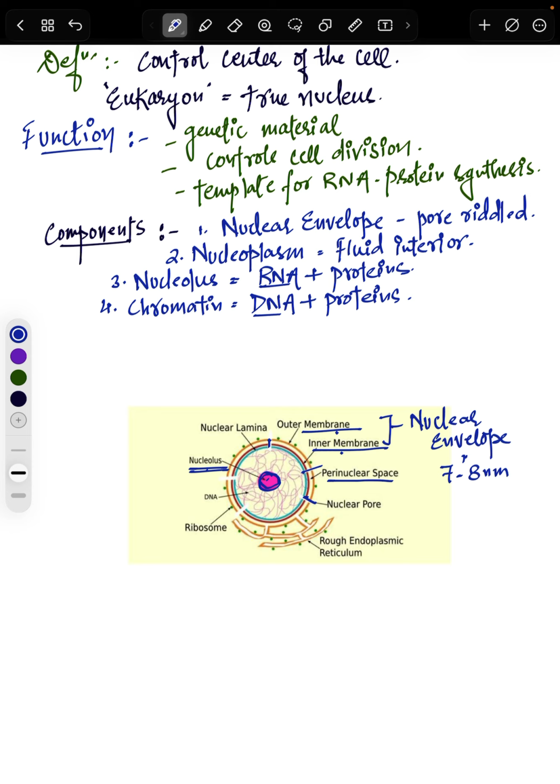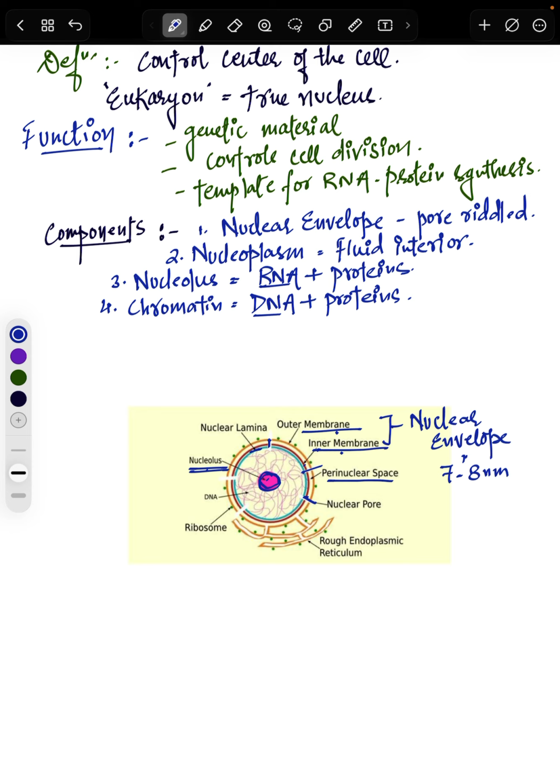Next, the inner membrane is lined with a fiber network, meaning the nuclear lamina. Here it is the inner membrane, and the nuclear lamina is further inside the nucleus. It is made of intermediate filament proteins called lamins.